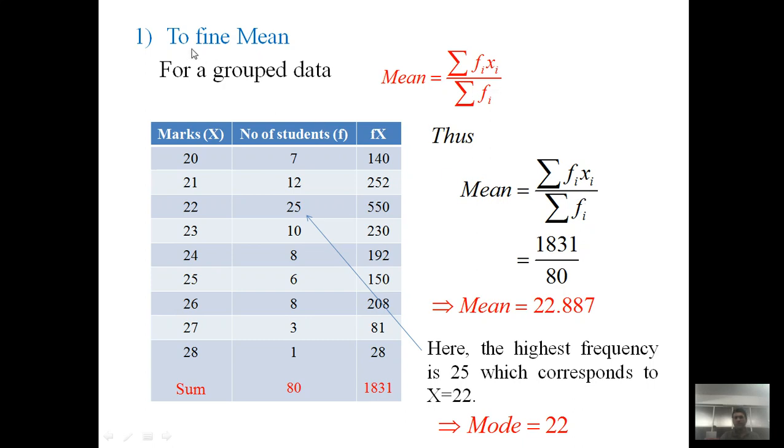But we know that when the data is grouped, the sum of fi is capital N. So in this case the sum of fi, 7 plus 12 plus 25 and so on plus 1, is 80. So it represents the total number of students. And by simplifying this we get the mean as 22.887. So we have the first quantity.